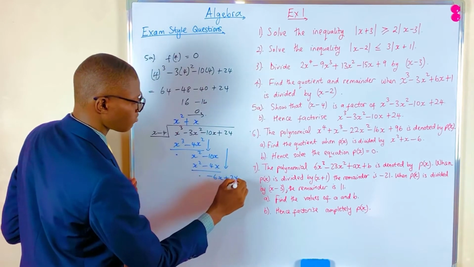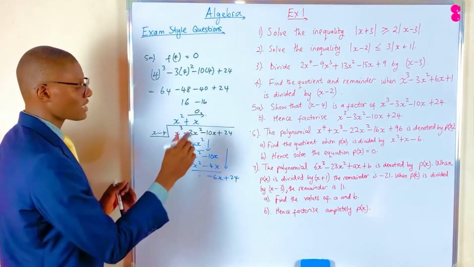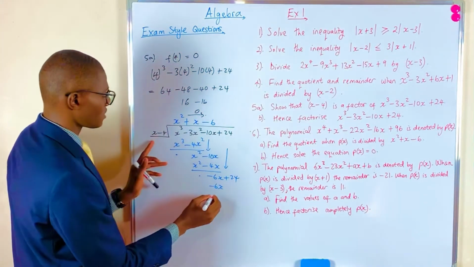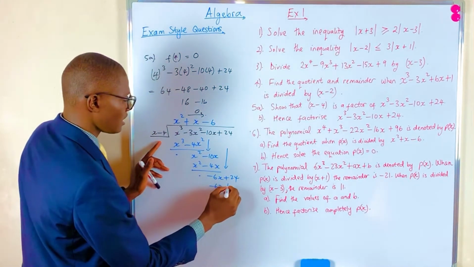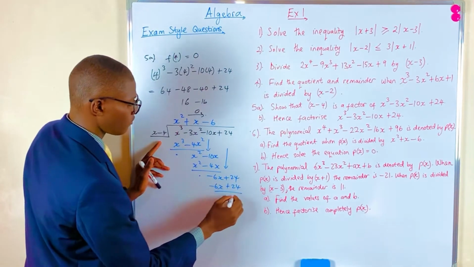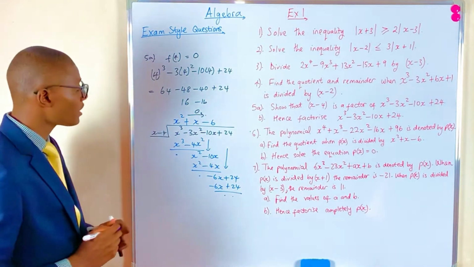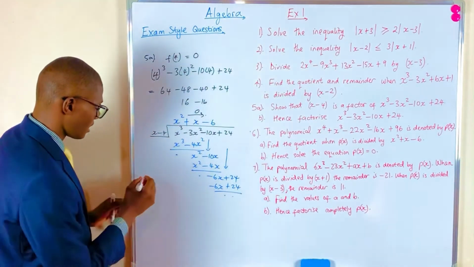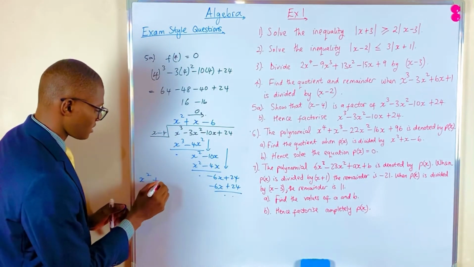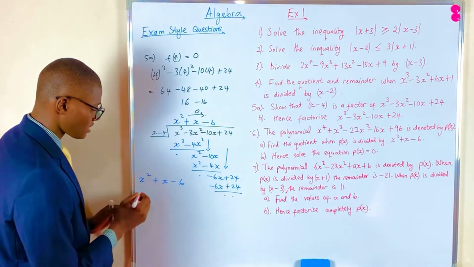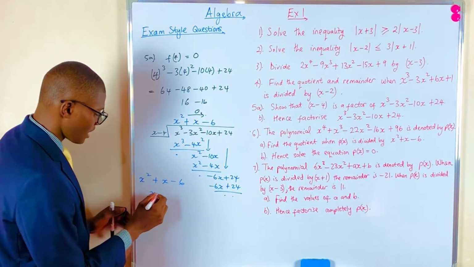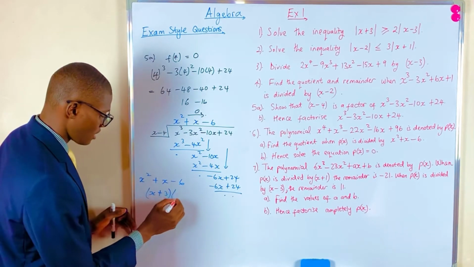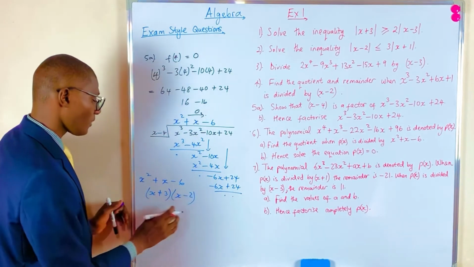Then we drop the positive 24. X into minus 6x, we get a minus 6. Minus 6 times x, we get a minus 6x. Minus 6 times minus 4, we get a 24. So the remainder is 0, implying that the other quadratic factor that we have is x squared plus x minus 6, which when you factorize, you get x minus 2, x plus 3, like this.